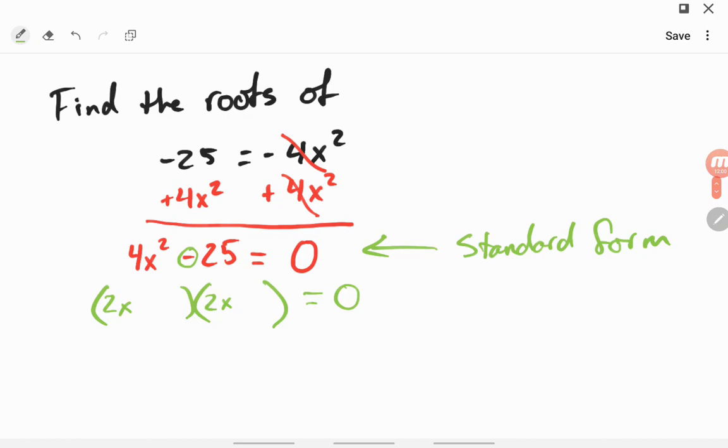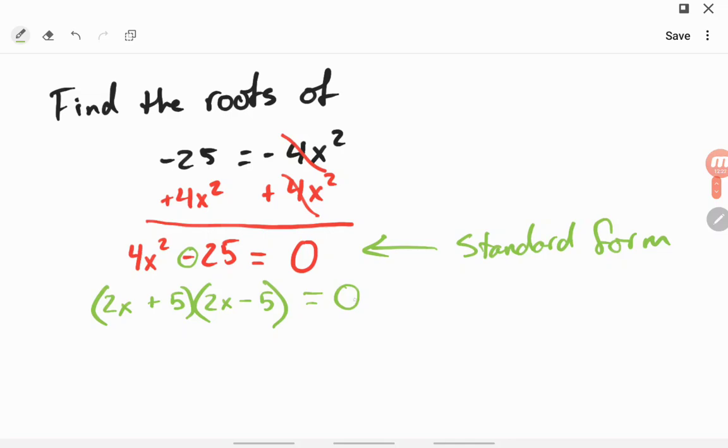Then we take the square root of the second term, 25. Well, square root of 25 is 5. And since we've got a negative, we need to make sure that of our 5 times 5, one is positive, one is negative. So we have 2x plus 5 times 2x minus 5 is equal to 0.